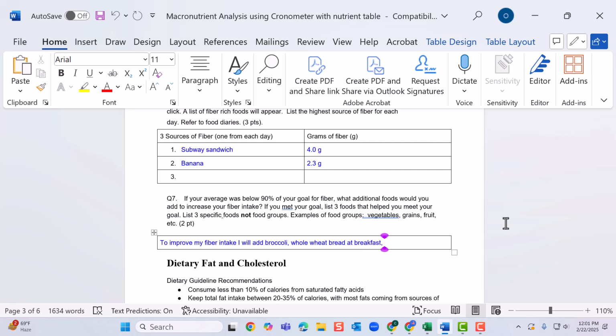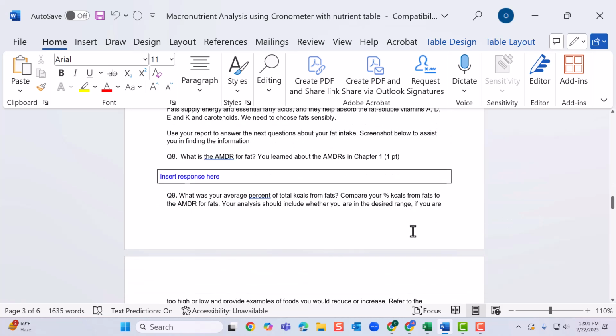And maybe you're going to add some raspberries to your yogurt snack. Okay? There's 3 foods rich in fiber or contains fiber, can improve your intake, and they are not food groups.